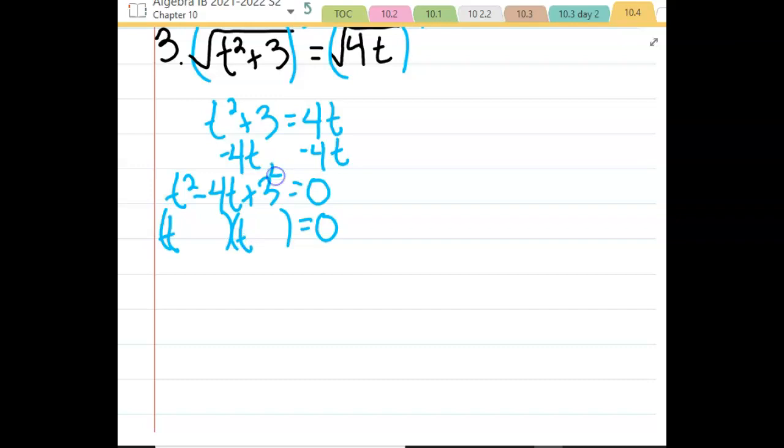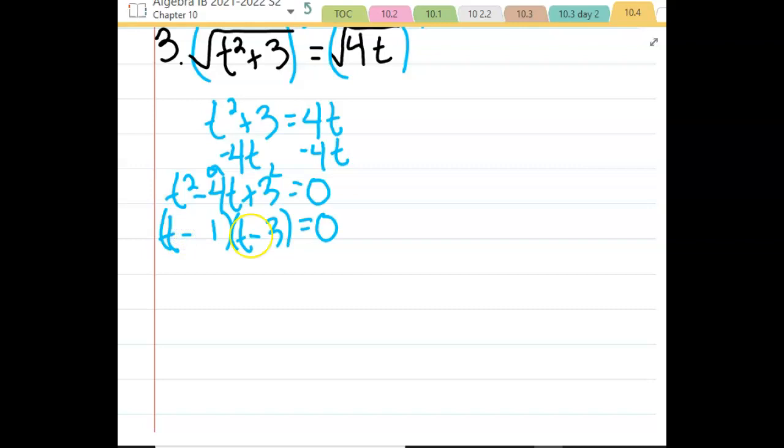Then you need things that multiply to give you 3. Not many things multiply to give you 3. But add to give you negative 4. Okay, so it's going to have to be 1 and 3, right? There's nothing else that multiplies to give you 3. A negative 1.